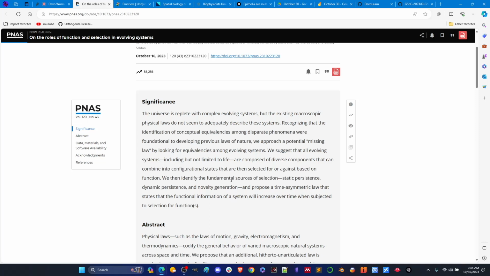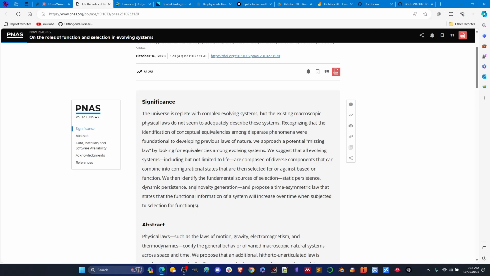We can then identify the fundamental sources of selection, which they propose as static persistence, dynamic persistence, and novelty generation. So novelty generation, of course, is where you get new forms.